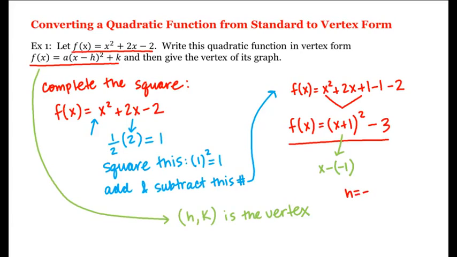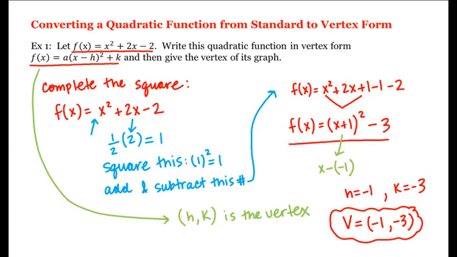Therefore, our h is equal to negative 1, and our k is equal to negative 3. So the vertex then is the point (negative 1, negative 3).